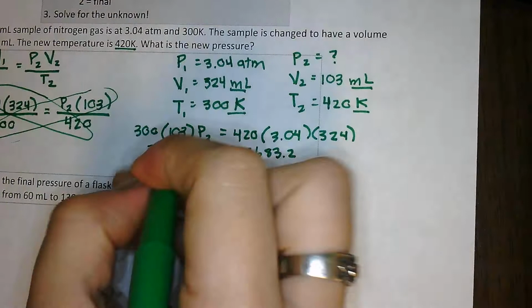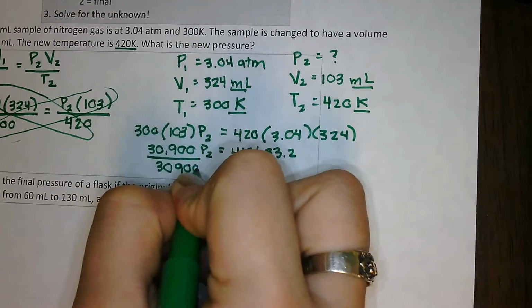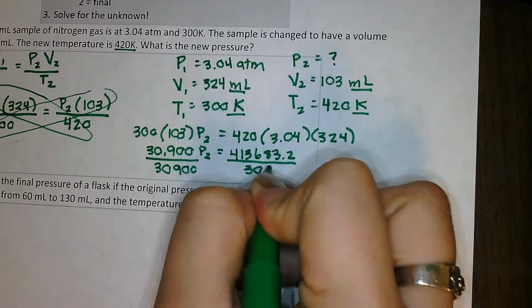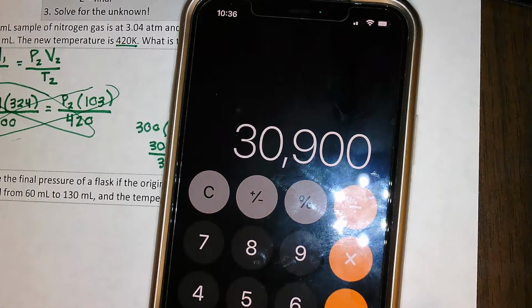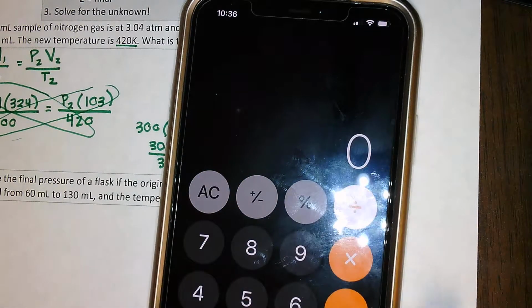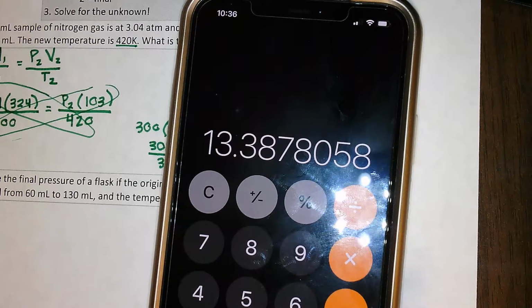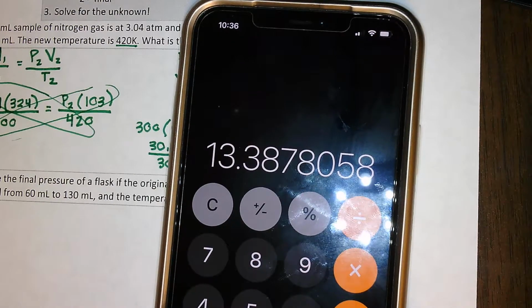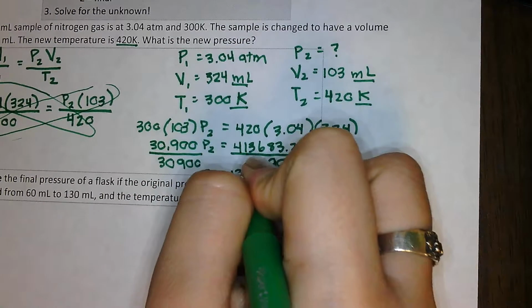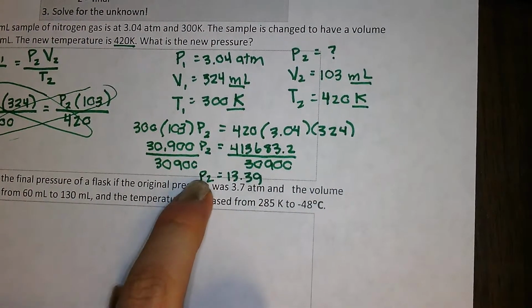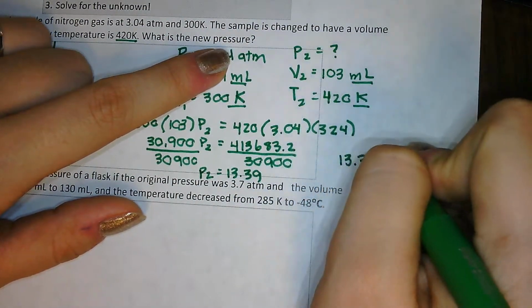Okay, so now to get P2 by itself, we need to divide both sides by 30,900. And that is approximately 13.39. So P2 is equal to 13.39. Because P2 is a pressure and our pressure is in atmospheres, our final answer is 13.39 atmospheres.